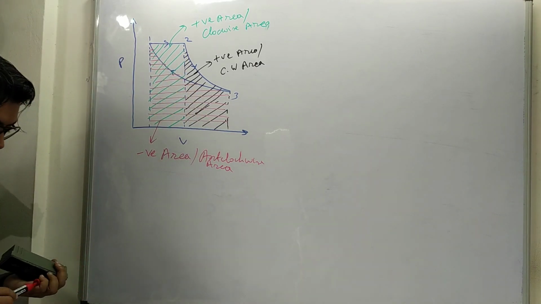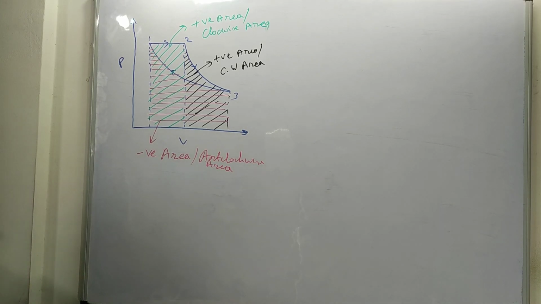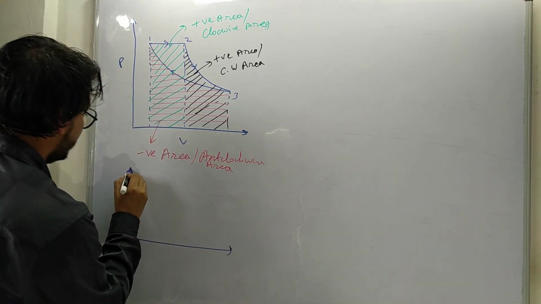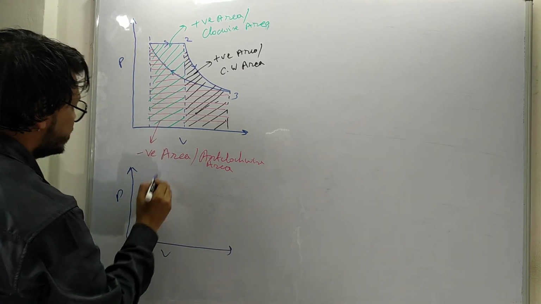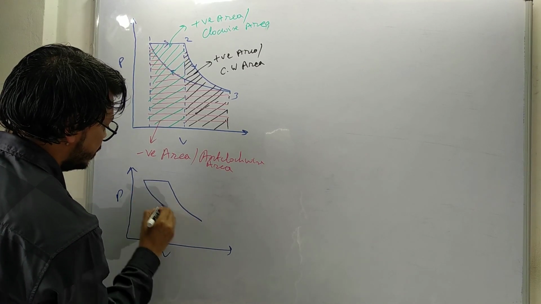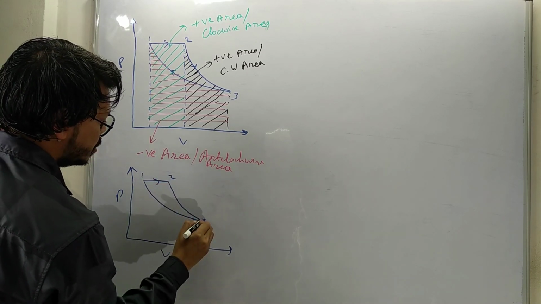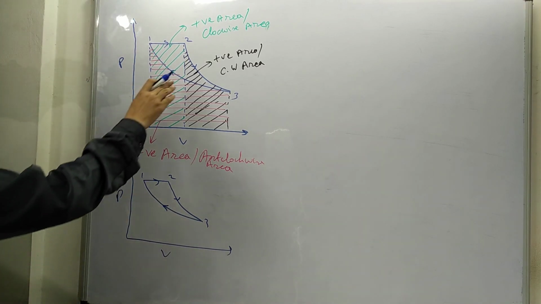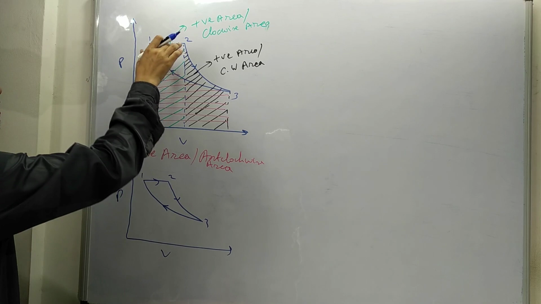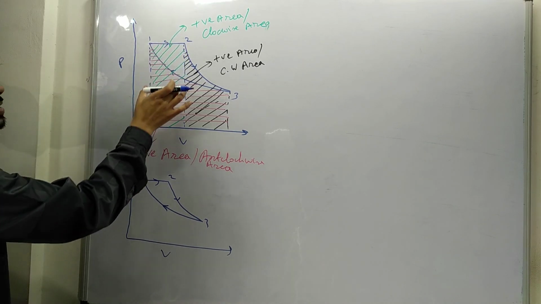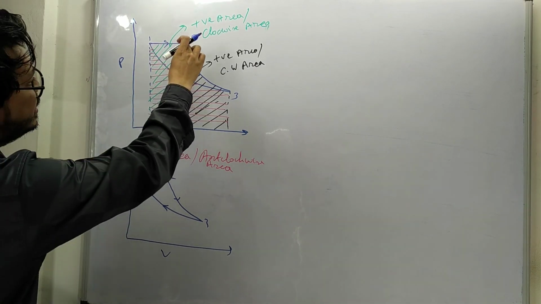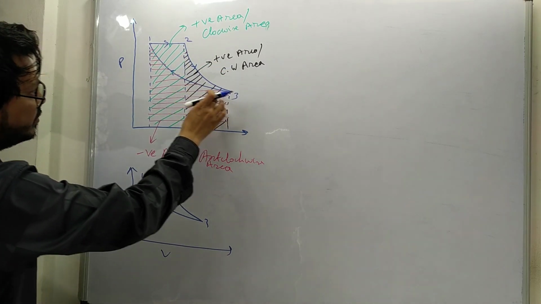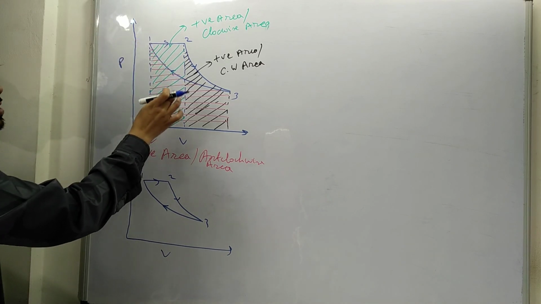We can also conclude one thing. This is our PV diagram, and this is the process 1, 2, 3. The area under the curve 1 to 2 represents the work done by the process 1 to 2, the area under 2 to 3 represents the work done by the process 2 to 3, and the area under 3 to 1 represents the work done by the process 3 to 1.